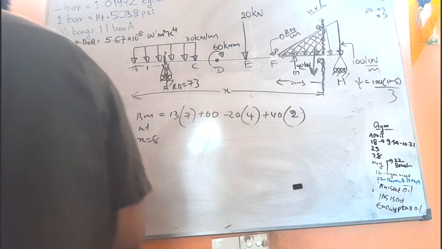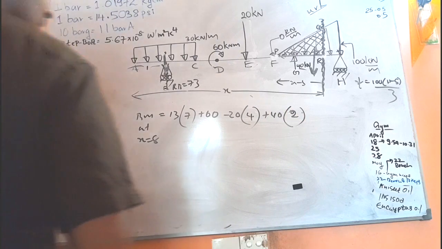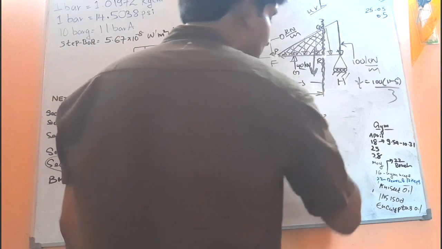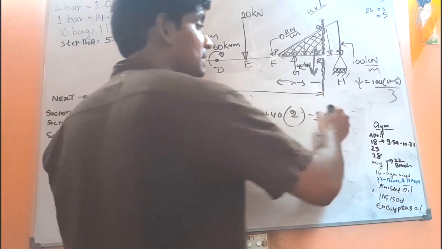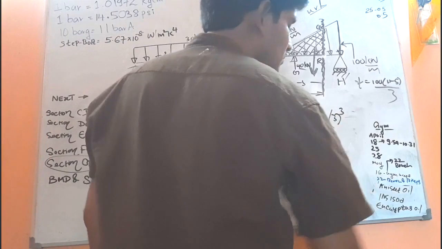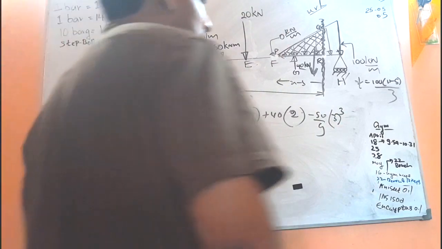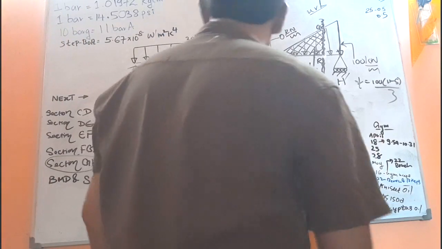Then the next one, minus 50 divided by 9 times x minus 5 cubed, which means 8 minus 5 is 3 cubed. 3 cubed means what is the answer? 27, right?